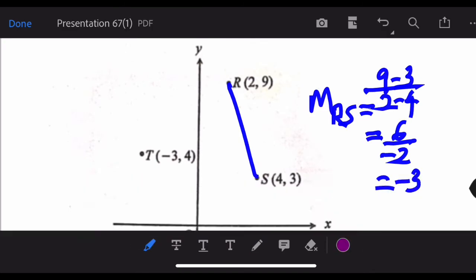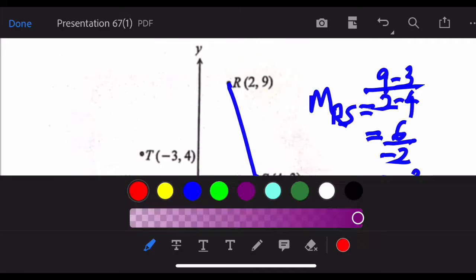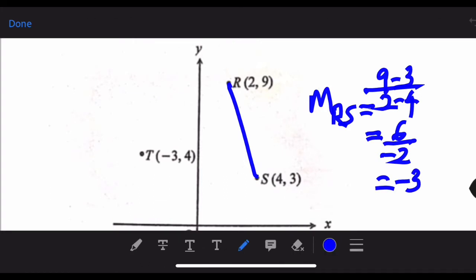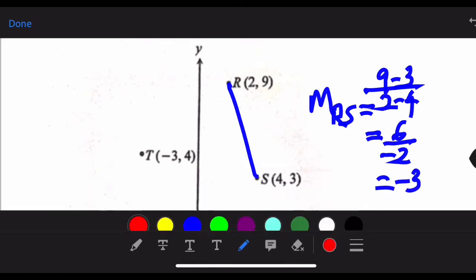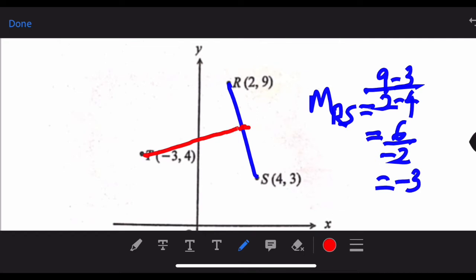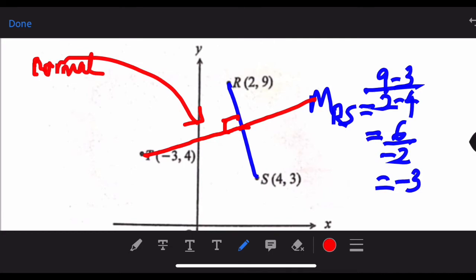So the equation of the normal passes through the point T. Let's draw like this. The red one is the equation of the normal, and the blue one is the tangent. So what is m2?